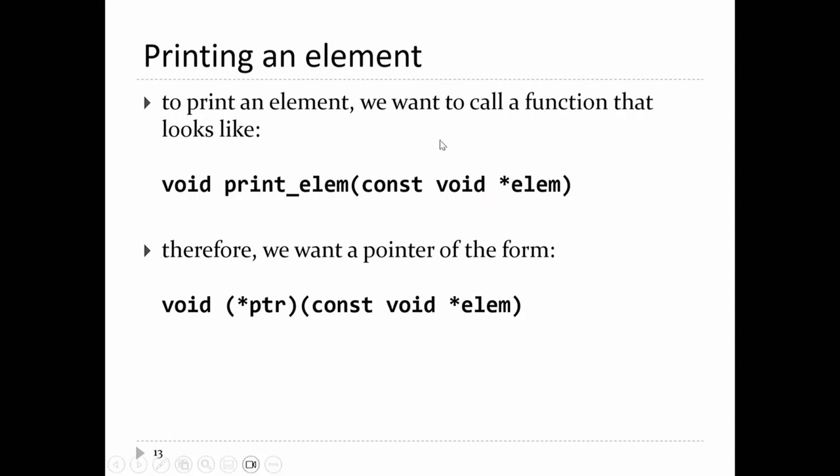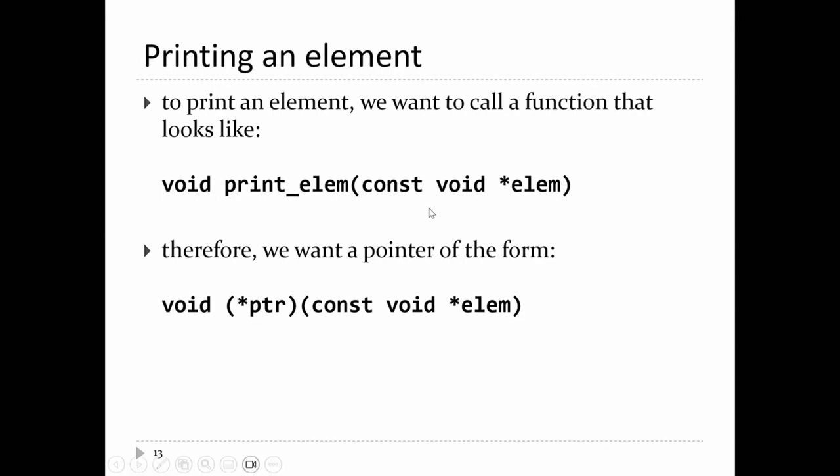So inside of our print function, I want to call something like print elem that takes in a pointer to an element, where the element type is unknown, well, unknown to the stack. So it needs a pointer to void star here. It's const because print does not need to change elem.